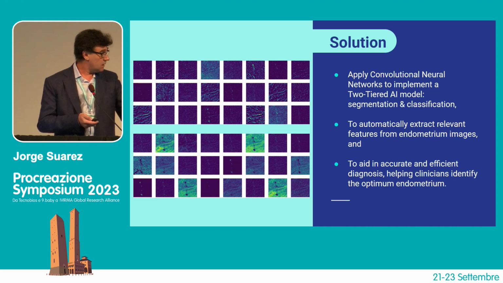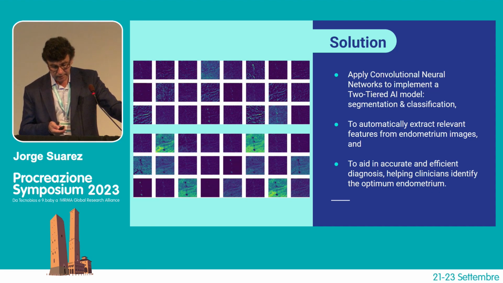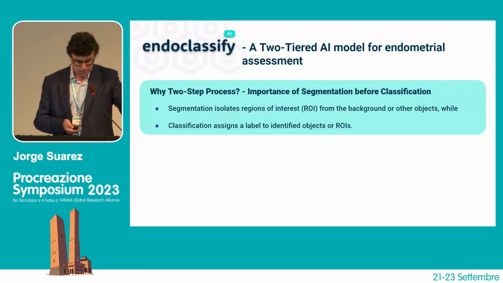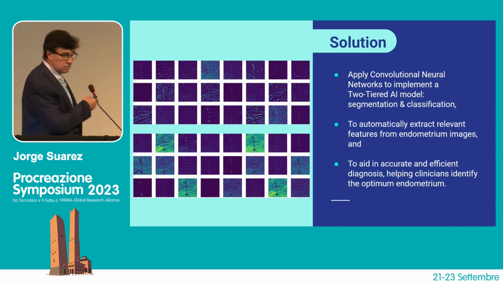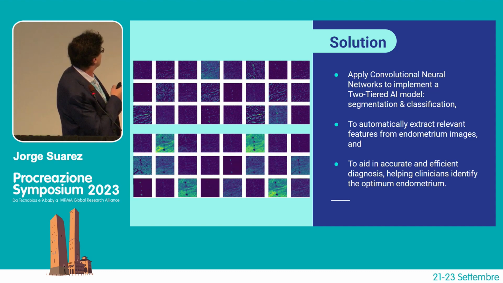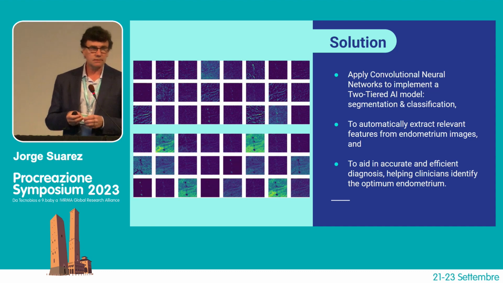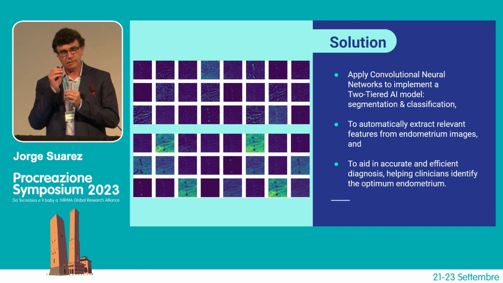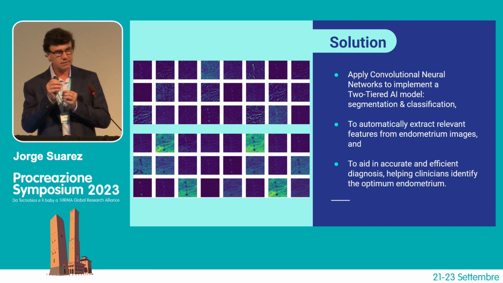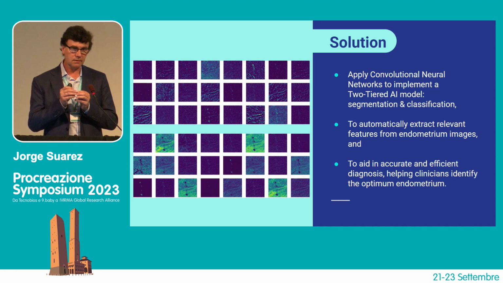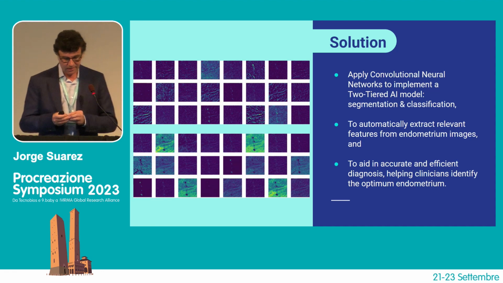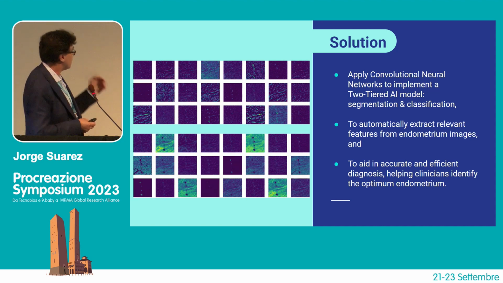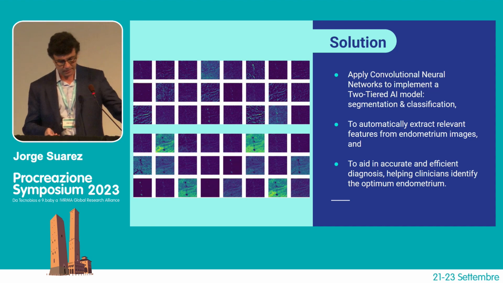We think the model aids in accurate and efficient diagnosis. In the image on your left, you can see how the artificial intelligence focuses on a particular region of interest of the endometrium and learns how to analyze it. It's a very important part of the learning process.